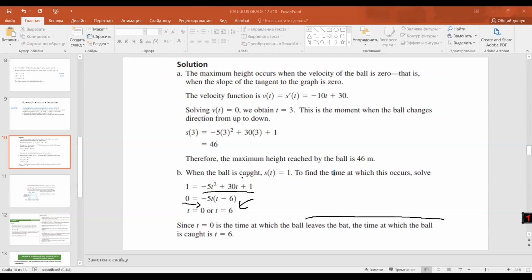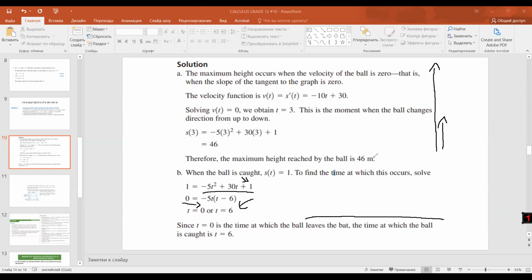Do you remember what this term with no variable in it stands for? It's the vertical displacement in a parabola. The 1, plus 1 in this case, is the vertical displacement along the vertical axis upwards.